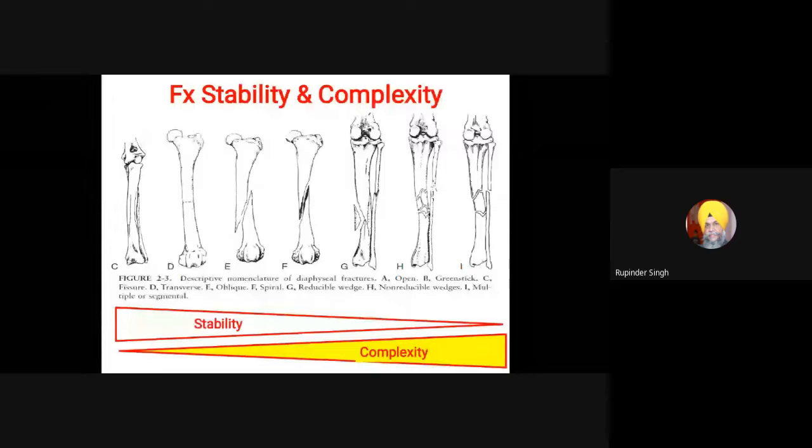One of the criteria is the inherent stability of the fracture. As you can see in E, where the fracture is oblique, even if the fracture is reduced and a little axial compression is applied, it is going to displace again. Even in F, G, H and I, all these types of fractures are inherently unstable.